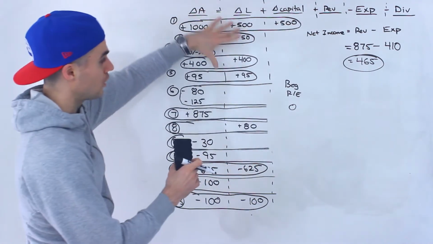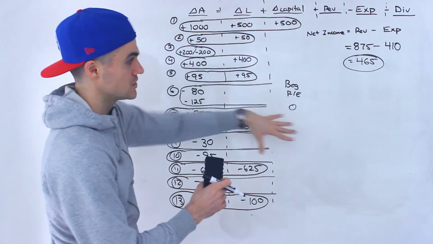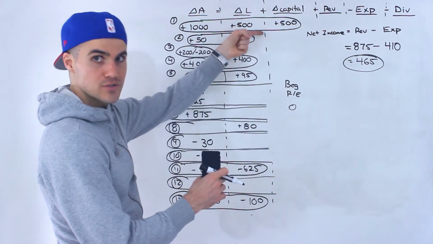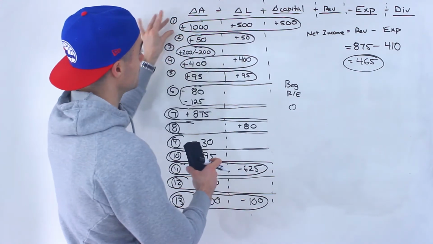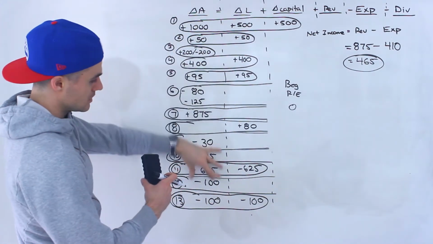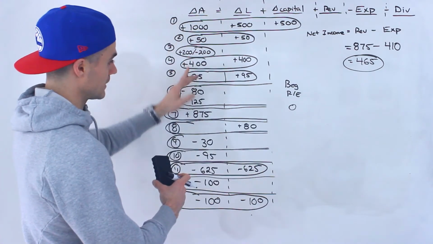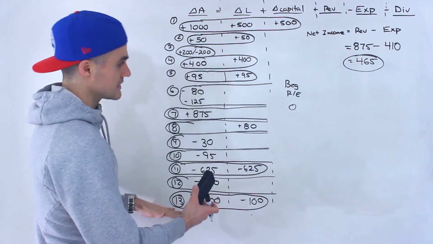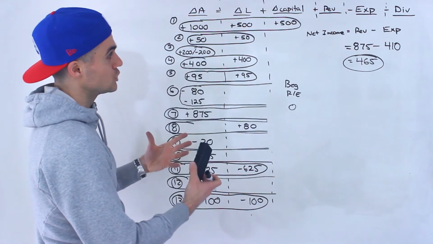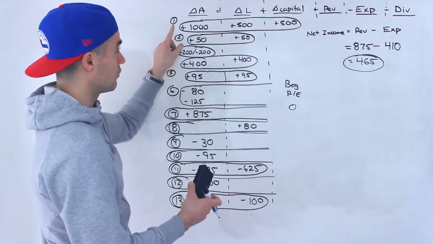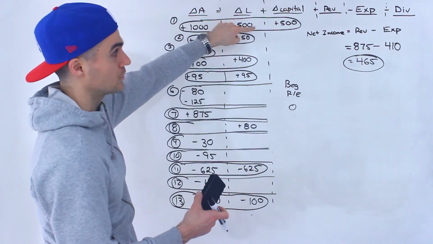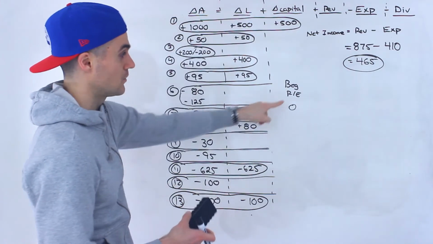So then you would take all of these amounts, all of these transactions, and you would add them onto the beginning balance sheet figures. So you would take that beginning assets and then net all of this out, positive, minuses, net all of it out to get the ending assets. But because this is a new business, then there is no balance sheet at the beginning. All the assets, liabilities, capital, retained earnings was just zero at the beginning.